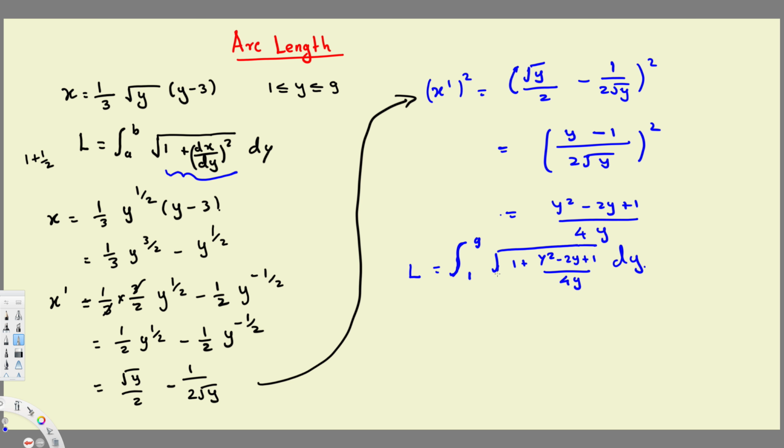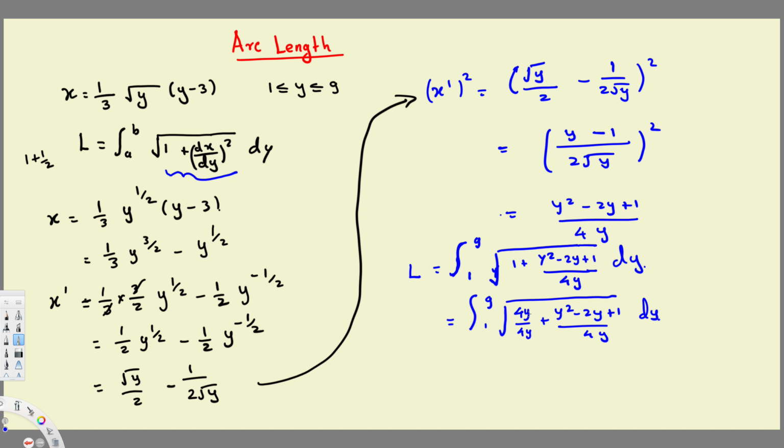Here I can take 4y as the common denominator. 1 is the same as 4y over 4y, so we have the integral from 1 to 9 of 4y over 4y plus (y squared minus 2y plus 1) over 4y, dy.